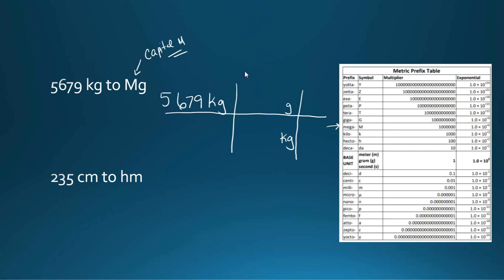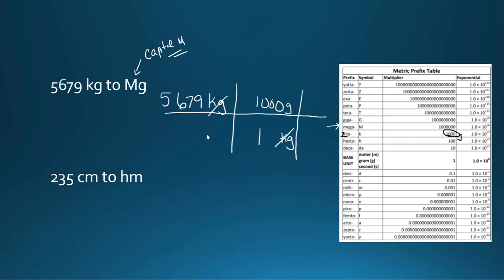We know here, so we take a look at our chart, and we fill everything in. So 1 kilogram is equal to 1,000 grams. Now kilograms canceled.